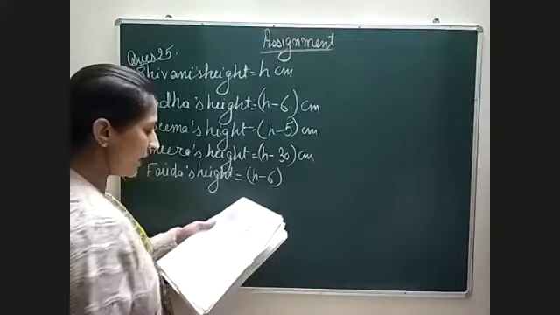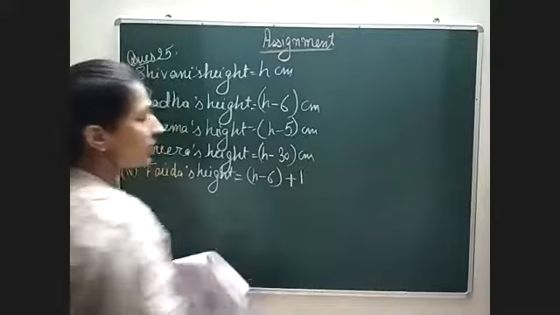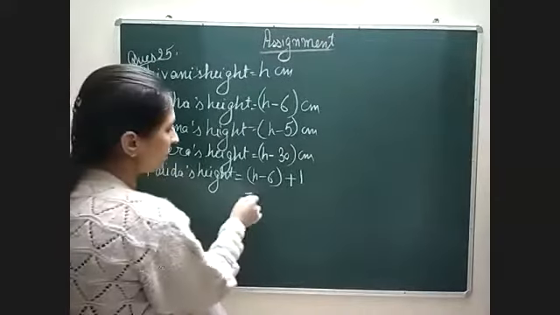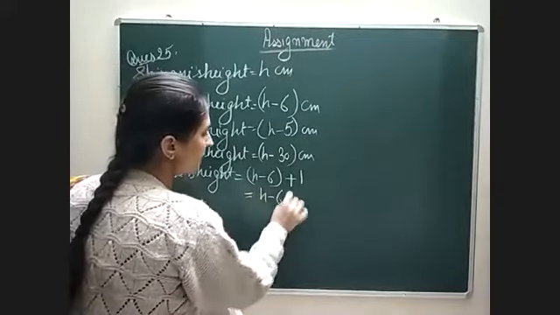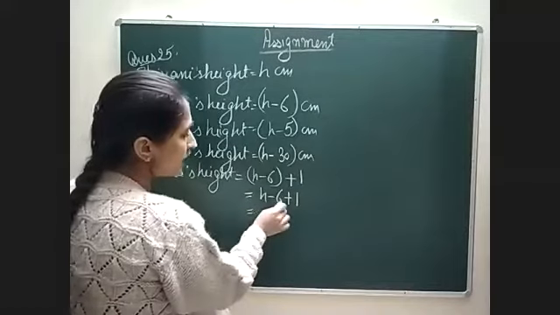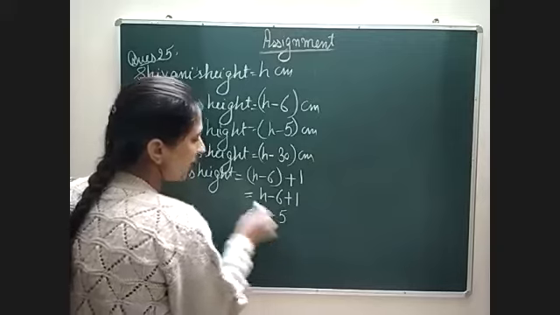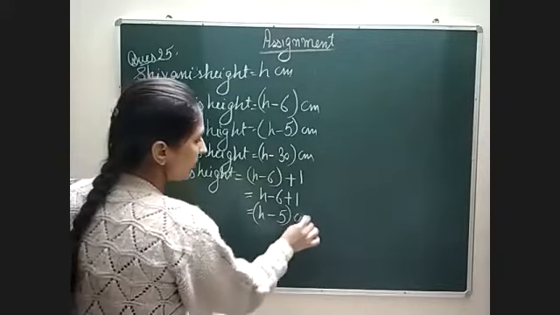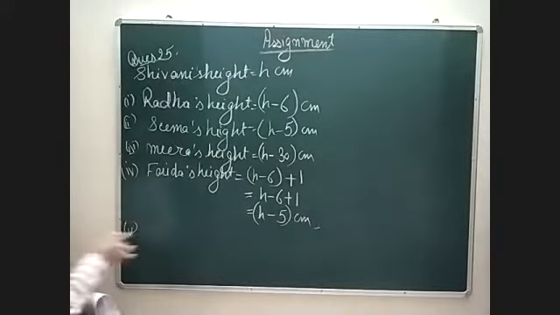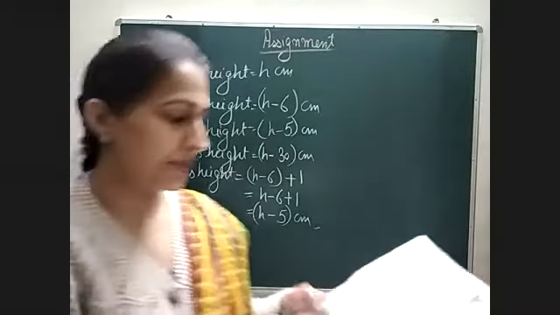Then we have to add 1 because it is 1 more. It is h minus 6 plus 1. Minus 6 and plus 1 will be minus 5. So this much, h minus 5 centimeters.